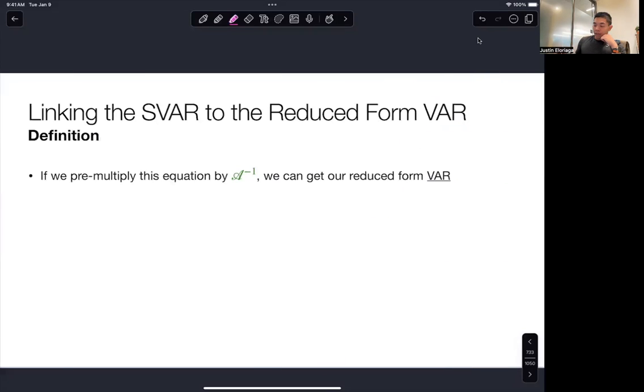Now let's get into linking the SVAR to the reduced form VAR. Again, the SVAR is A Y_t equals beta naught plus beta Y_{t-1} plus epsilon_t. What we can do is pre-multiply the equation by A inverse.